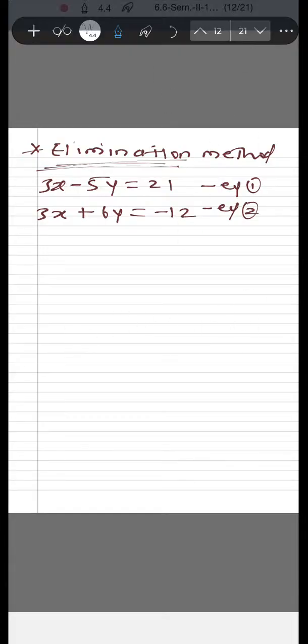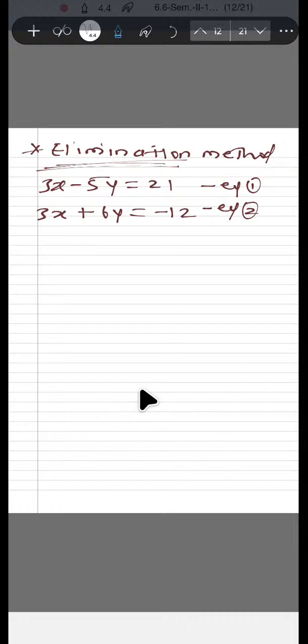So simply we have to eliminate, cut down any one variable out of two. Here we can see 3x minus 5y, 3x plus 6y. It totally depends on how the pair of equations is given to you. Here I can easily cut the 3x.